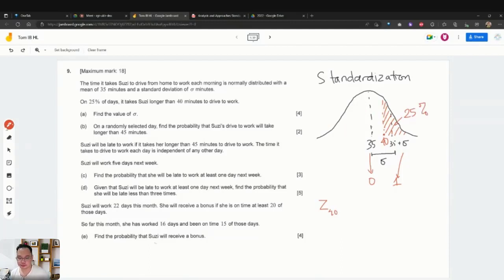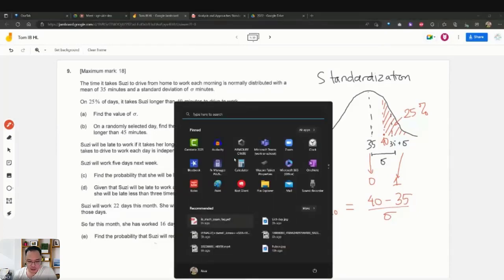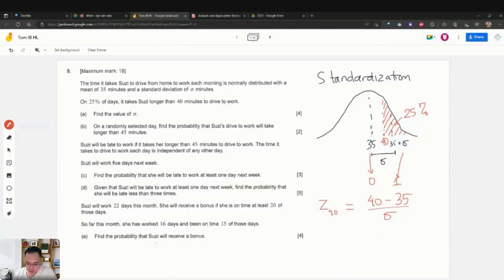The z value of 40 is 40 minus the mean 35, over the standard deviation sigma. We've done this kind of similar problem before. Do you remember? Okay, using the z-score with the calculator.